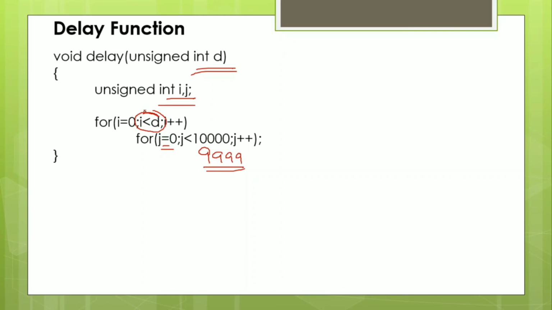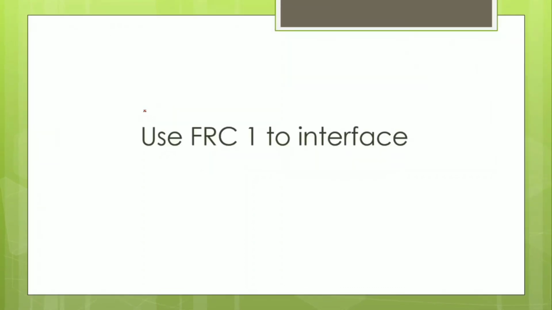Therefore the for loop with i iterates 49 times and the for loop with j iterates 10,000 times. Totally, there will be 10,000 into 50 iterations. So many iterations will create a small time delay, and this is how the delay function works.